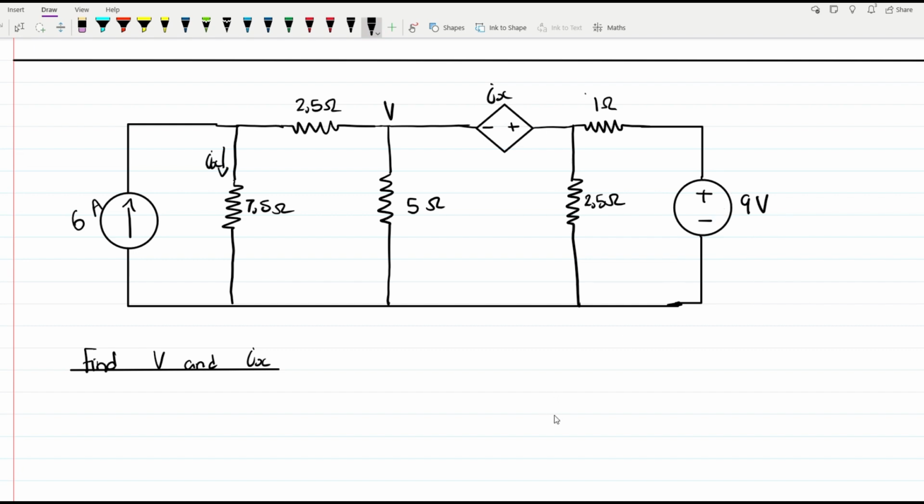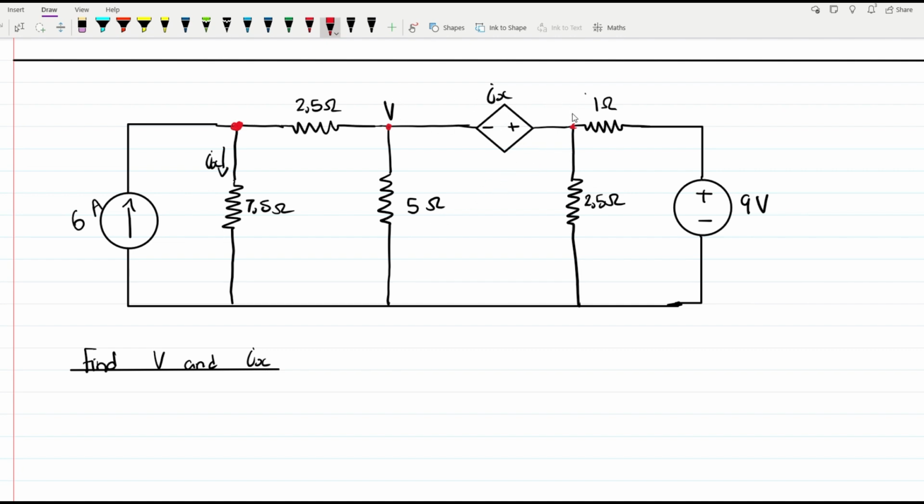So note this, whenever there's an independent voltage source here, we're going to have something called a super node. Usually we have a node like this, that's a node, and a node, and a node.